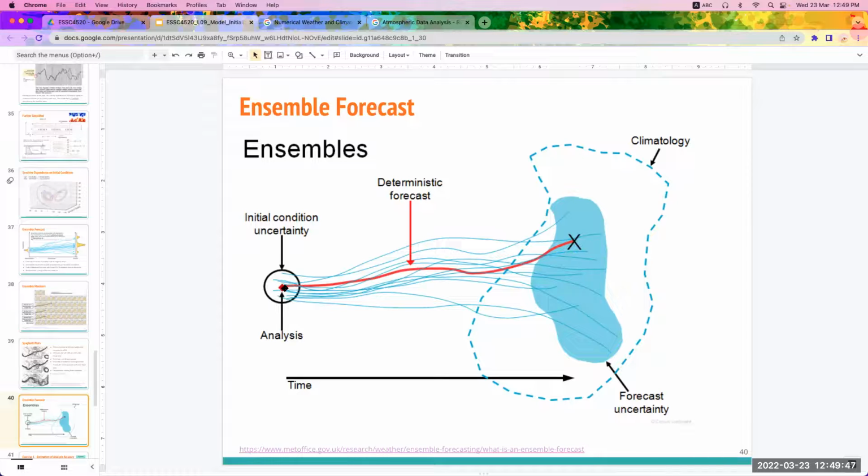It will give you a lot of error in the middle of your simulation, not to mention the uncertainty starting from the beginning. So in the middle, even if you stop the run and then you restart the run, that would be different from the situation where you continue to do the simulation. So we shouldn't do deterministic forecast. We should do the range of forecast, or the ensemble forecast.